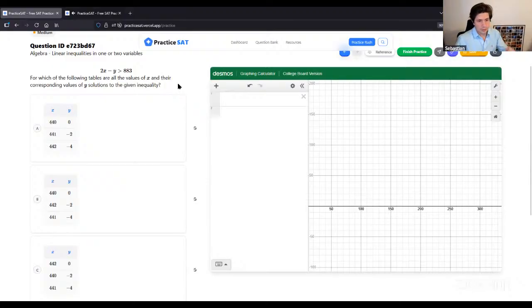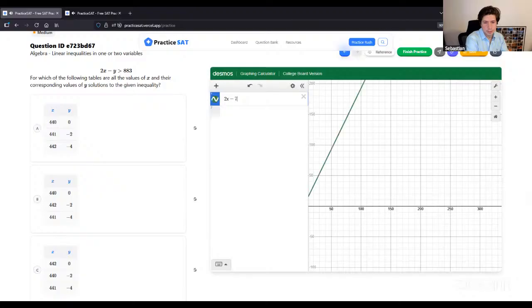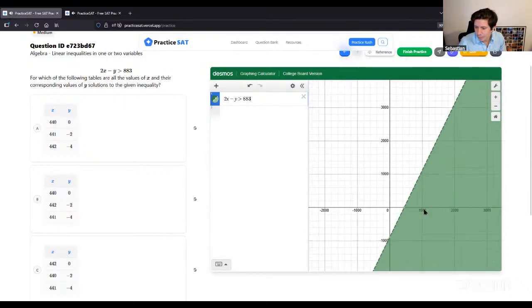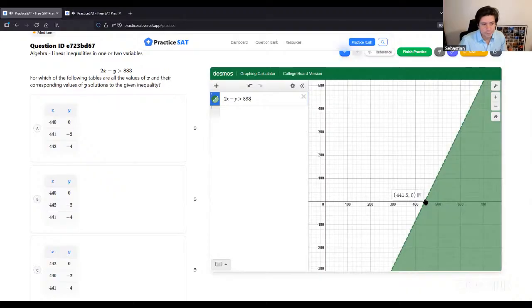Yeah, regressions are great to help with. So here, 2x minus y is greater than, okay. So 440, let's just graph this and see what we got. 2x minus y is greater than 883. So we have 441.5 is right there.